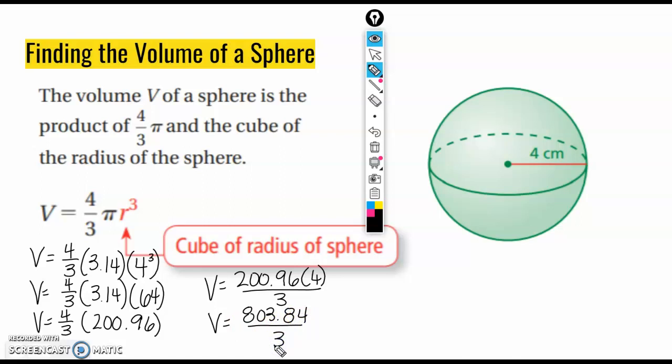Divided by 3 would give us a volume of 267.95, and we're going to round to 267.95 centimeters cubed. Remember, volume is still measured in cubic units.